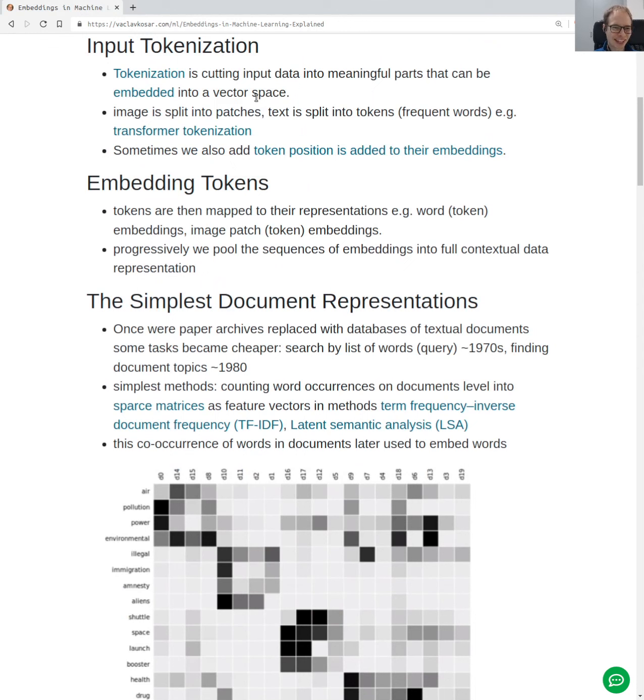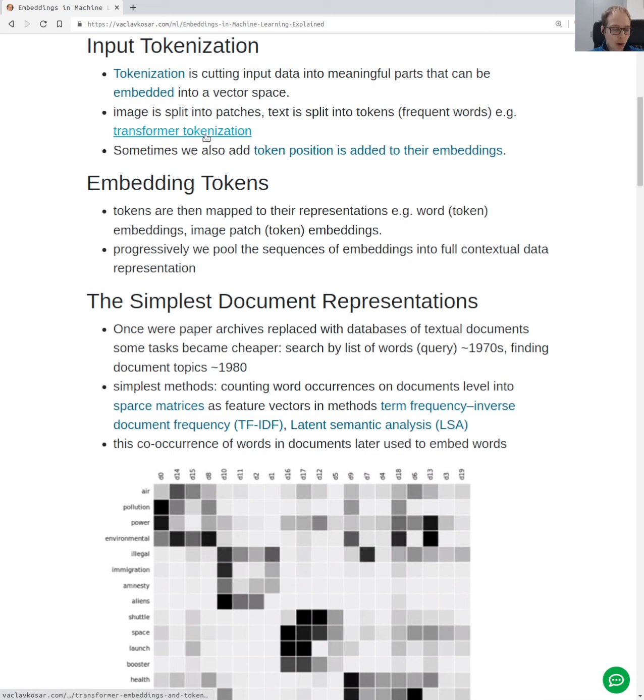But regarding the embedding, tokenization is just cutting the input data into meaningful parts that can then be represented or embedded into a vector space. So we get the embeddings for individual parts in the input data. For example, image can be split into patches, text is split into tokens. For example, some sort of frequent words, and maybe we don't look at the non-frequent ones.